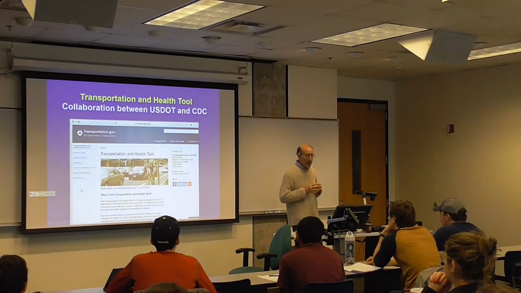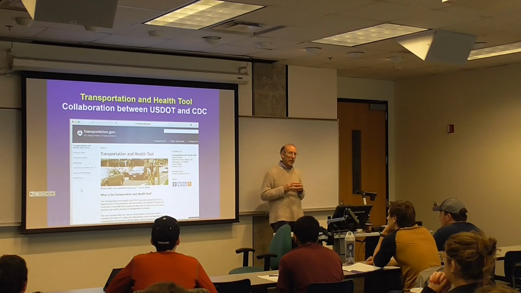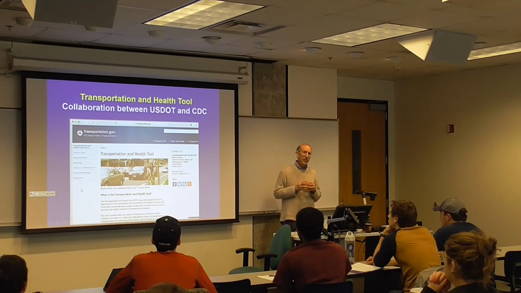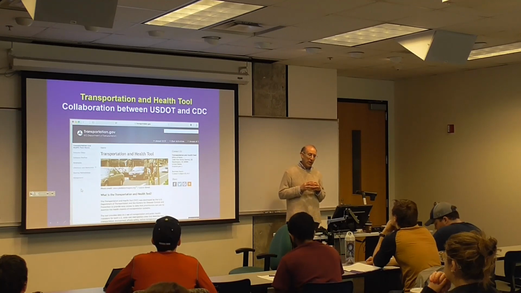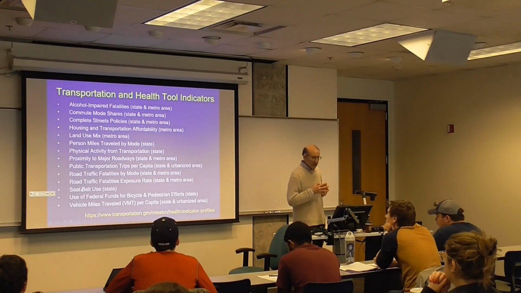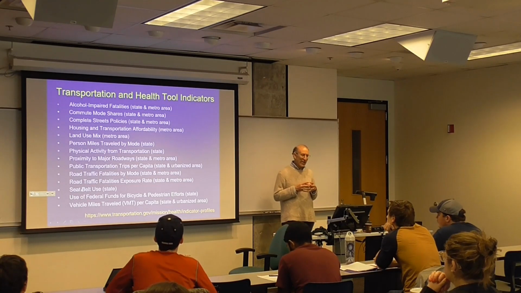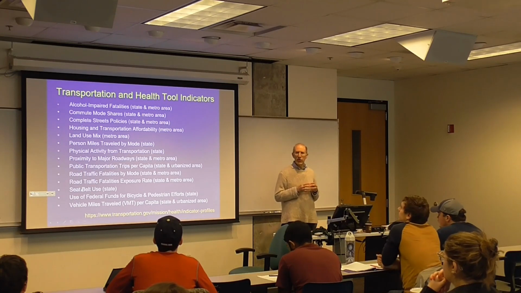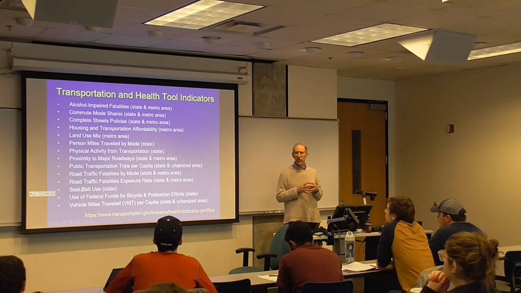For the last couple of slides, I want to mention there is a tool that was developed by the U.S. Department of Transportation with CDC that looks at some of the measures and metrics you can use for looking at health in transportation projects. We need indicators that are already routinely collected, since you're not going to have a lot of resources to go get new data.